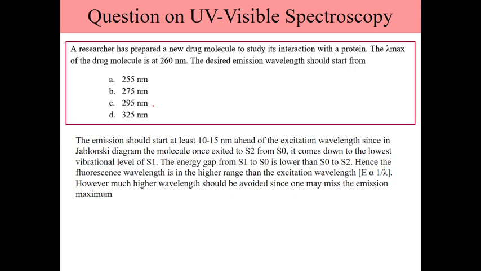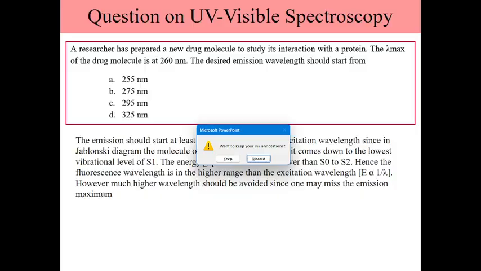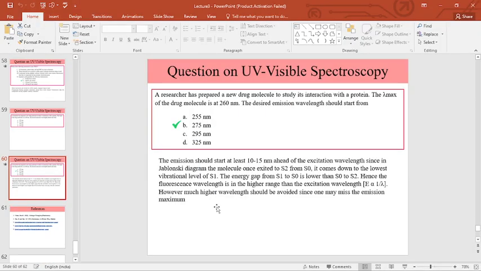The emission should start at least 10 to 15 nanometer ahead of the excitation wavelength. In the Jablonski diagram, the molecule once excited to S2 from S0 comes down to the lowest vibrational level. I told you this happens, but why exactly it happens, they have explained here.